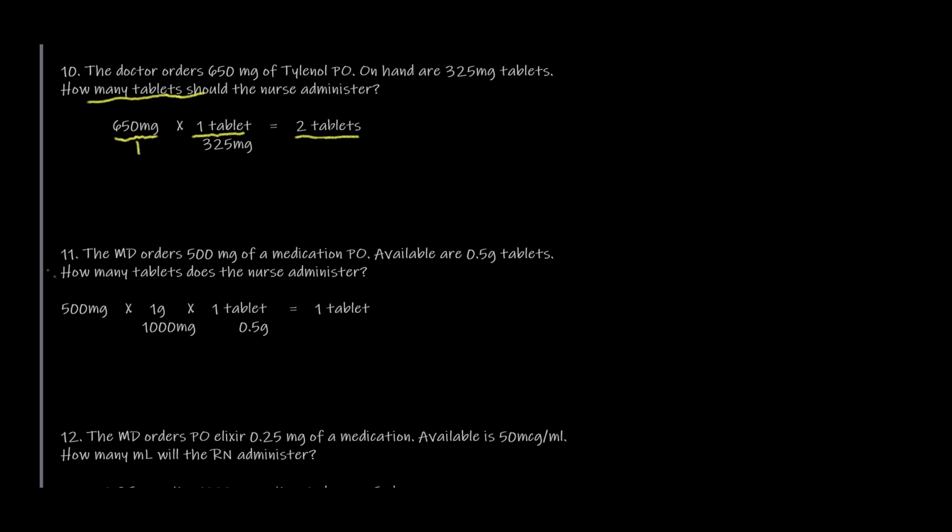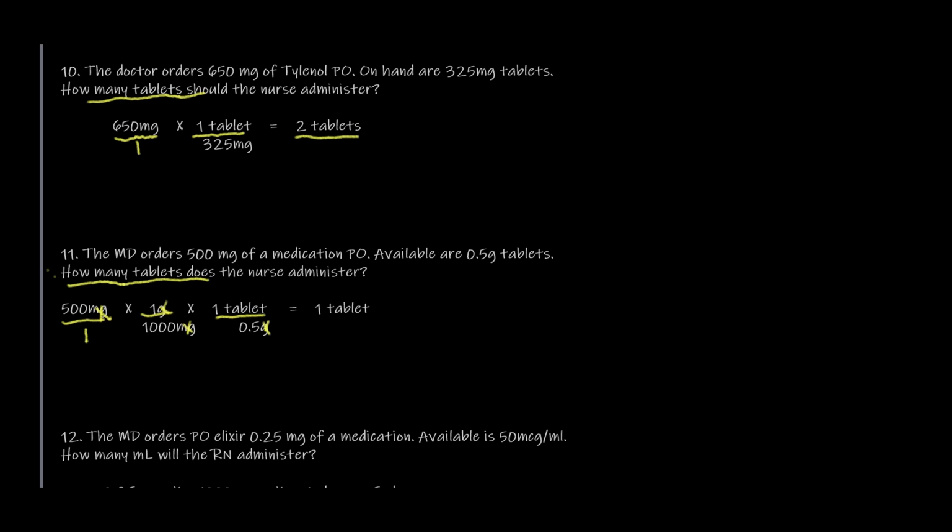Problem number 11. The MD orders 500 milligrams of a medication. Available are 0.5 gram tablets. How many tablets does the nurse administer? So right away we know we're going to need a conversion because of the 2 different units presented in the problem. I've set up the problem with the MD order, 500 milligrams over 1 times our conversion factor times 1 tablet over 0.5 grams.